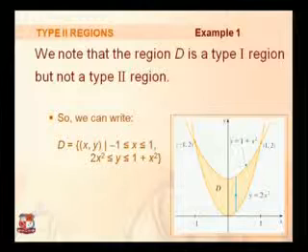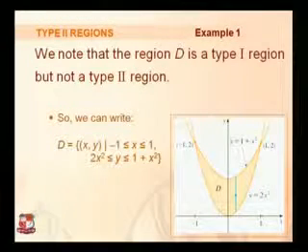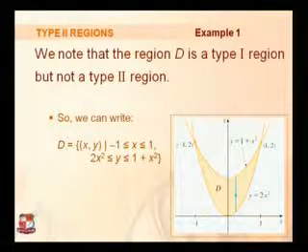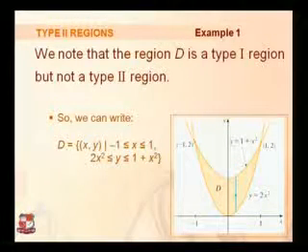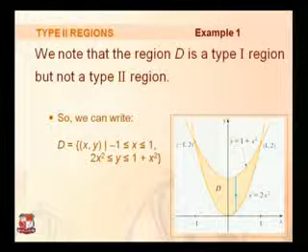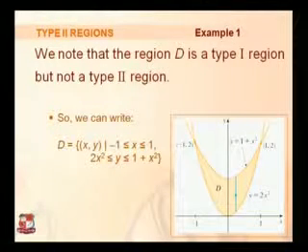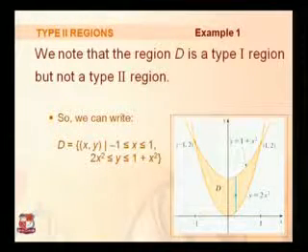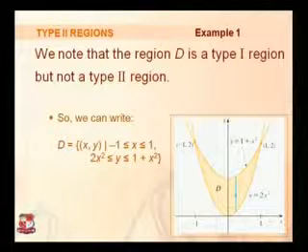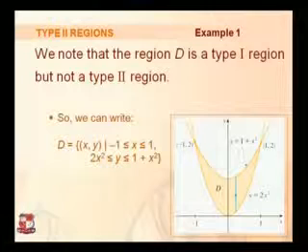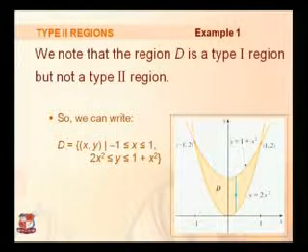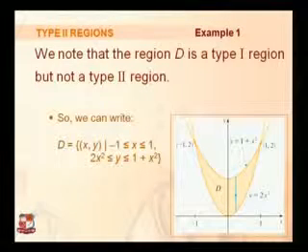From the diagram, the left-hand side of the region is bounded by x is equal to -1, and the right-hand side is bounded by x is equal to 1. So -1 less than or equal to x less than or equal to 1, and y depends on x, so the limit of y is in terms of x.